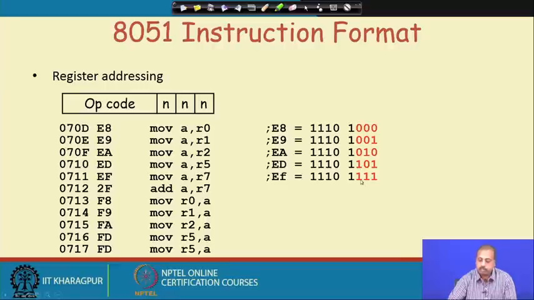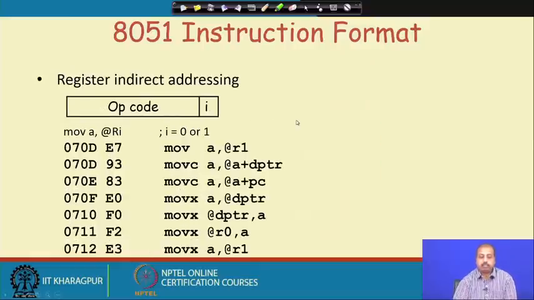So, these 3 bits will correspond to 7, and that will be the opcode for add A. This way we can have different coding for different instructions, and they have got uniformity. So, this will be in this format.